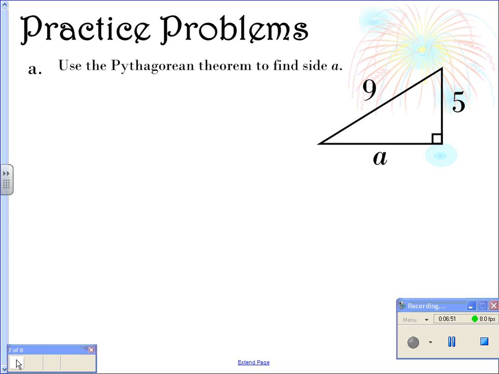See if you can use Pythagorean theorem to find side A. What would you get? 56 would divide 2 by what? 2 and what?